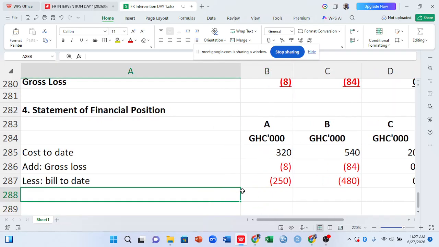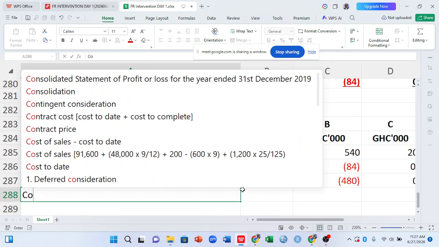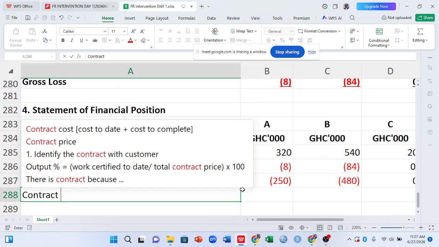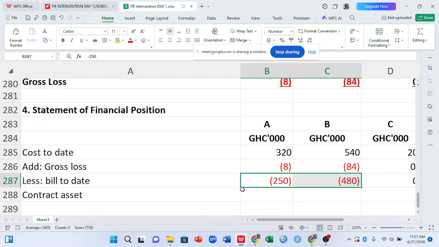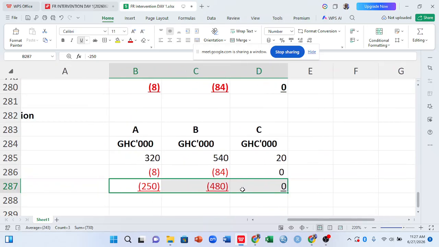Then you calculate to get a contract asset. If you get positive, it's an asset. If you get negative, it's a liability.